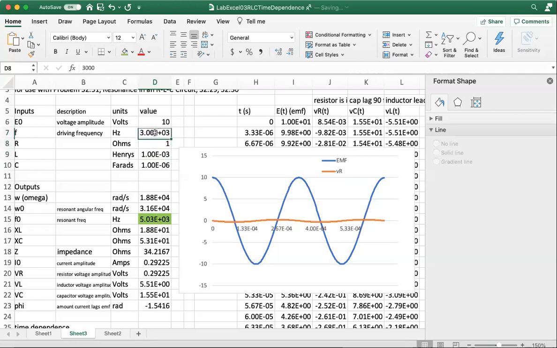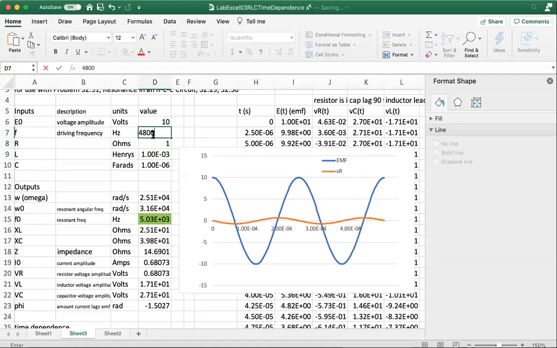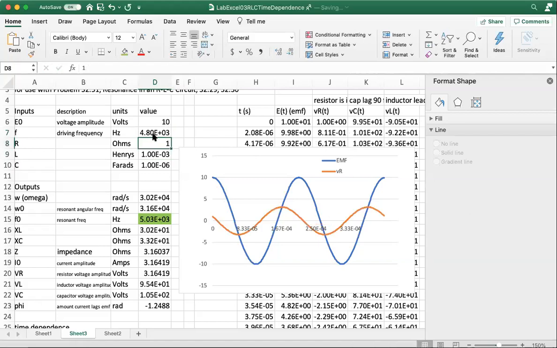And so let's see what happens as I go closer. Now I got 4,000. Yeah, it's picking up a little bit, but let's go 4,800. There we go. But notice this is what I would call a much more narrow resonance. You have to get all the way to 5,000.